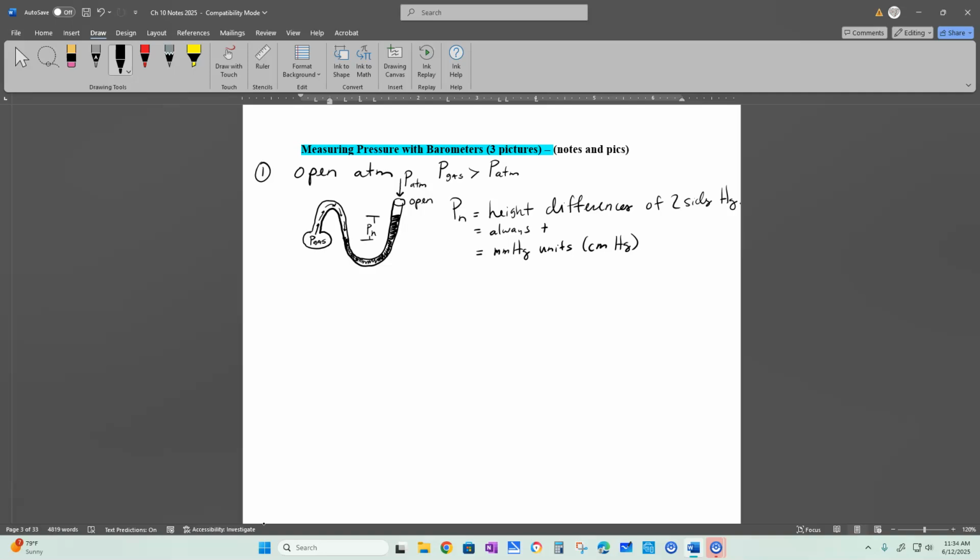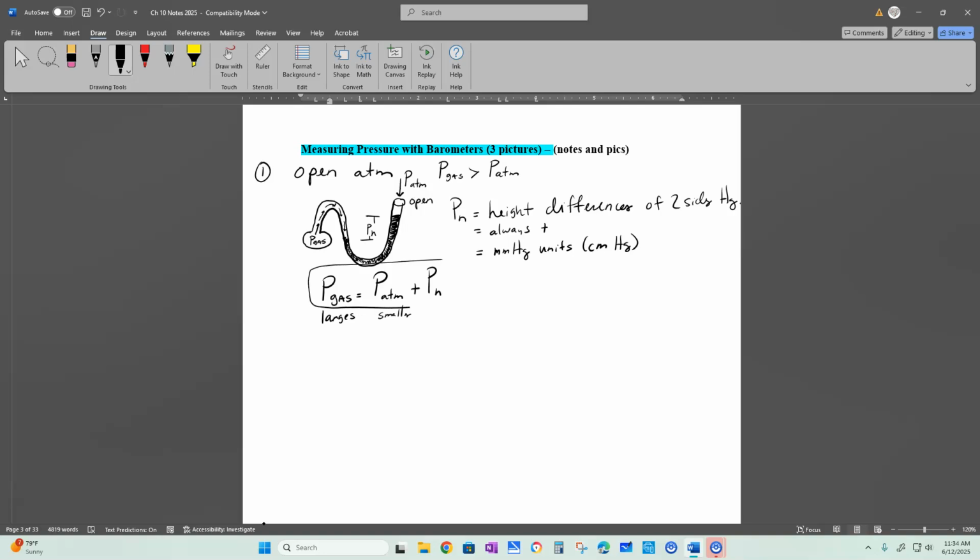So because that pressure is higher on the gas side, we have an equation: pressure of the gas equals P ATM, and we add it to the pressure of the height. Because remember, this value should be larger than this P ATM. This should be a smaller value. So when I add these two values together, I should get the pressure of the gas.